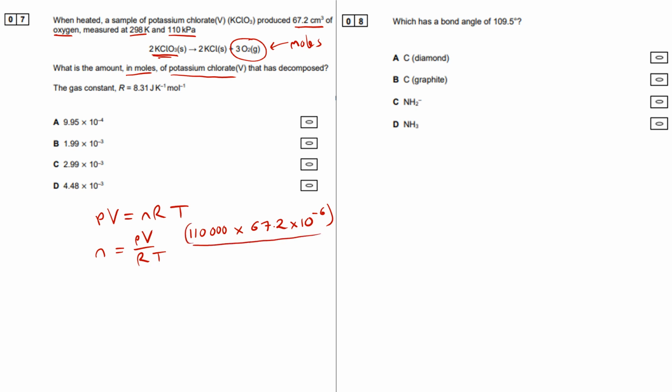So pressure times volume, pressure in pascals, volume in meters cubed. R is 8.31 and the temperature is in Kelvin already. So plug those numbers into your calculator. The moles of oxygen you get are going to be 2.985 times 10 to the minus 3.